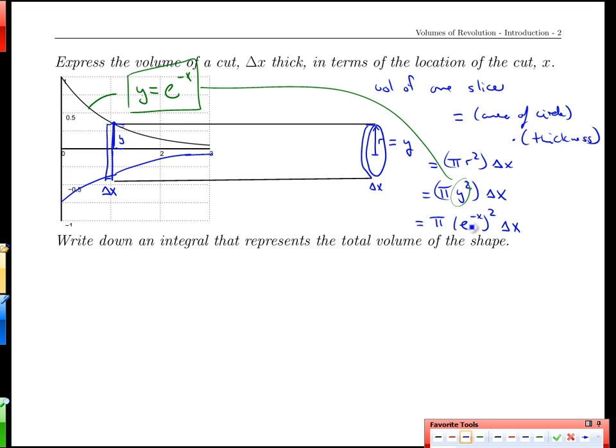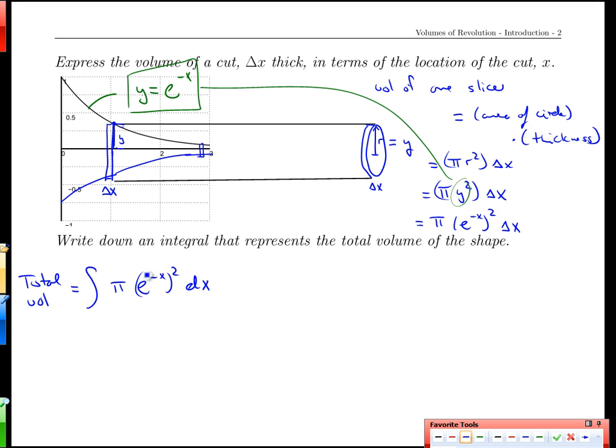Now we have the volume of one slice. If my x-coordinate is out here close to 3, I will have a very small radius. I take that radius and square it, times pi to get an area. Area times delta x gives me a volume. If I had a very small x close to 0, I would plug my x in here, get a bigger radius, bigger area, and find the volume of that slice. The integral is what lets us add up all those slices to get the total volume.